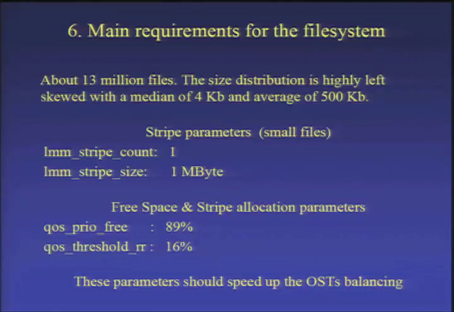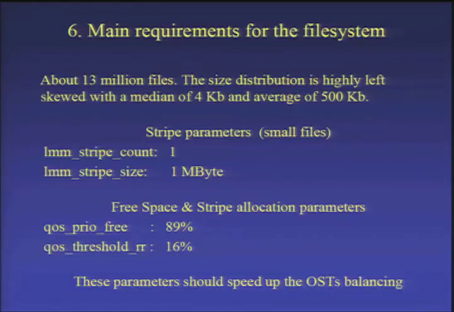So let's say something about the requirements for the file system, because I've heard here many applications with huge file systems, but with very big file sizes. So we open a file and we read a lot of bytes from it, or we write as the outcome of an operation on one single file.